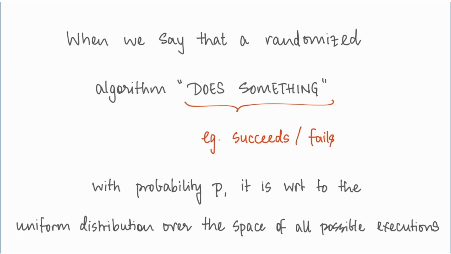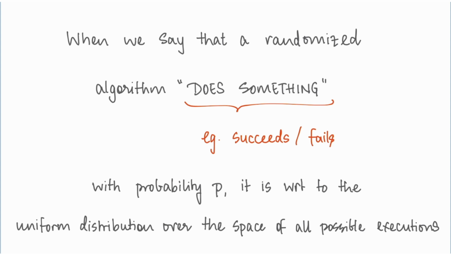So typically we will say things like our algorithm does something with probability p, and this something that the algorithm does is usually with reference to some task that we either wanted to accomplish or some situation that we wanted to avoid. And if it's a task that we would like for it to accomplish, then we think of this as a success probability, and we want a lower bound.